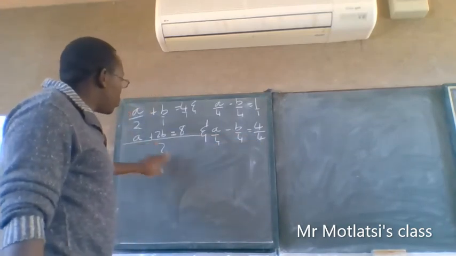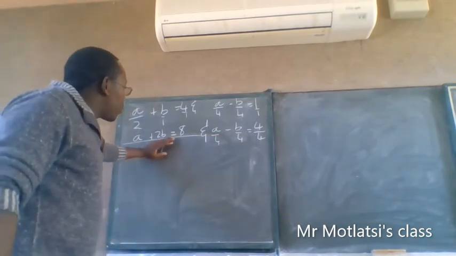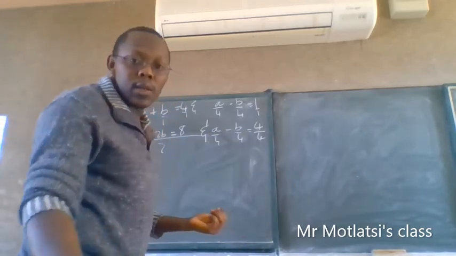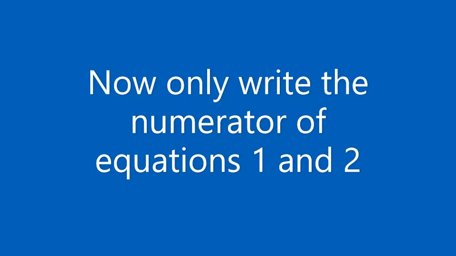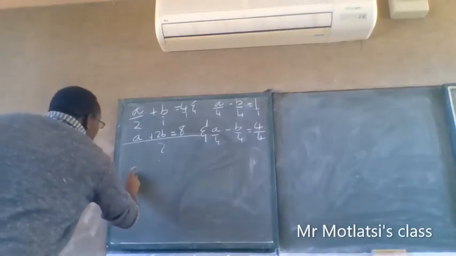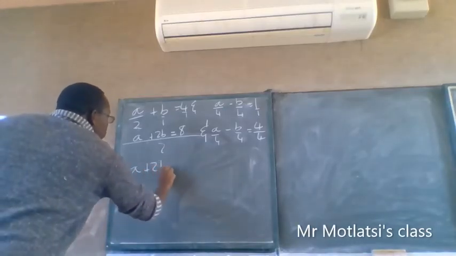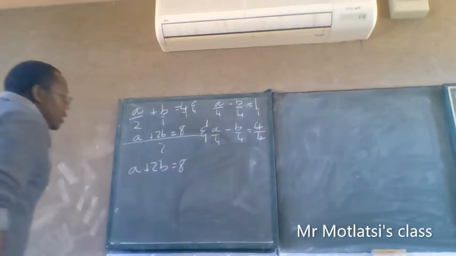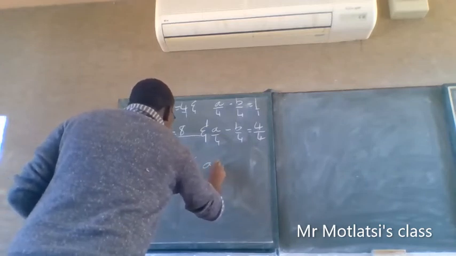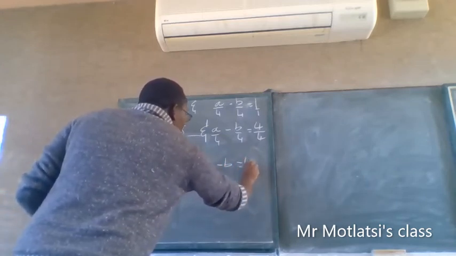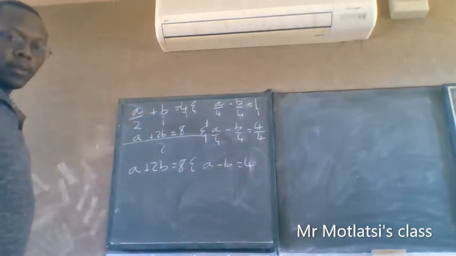If I multiply by 2, the 2 is going to cancel. So now we get rid of the denominator and we will focus on the numerator. Now what we have here is a plus 2b equals 8. On the next equation, a minus b equals 4.